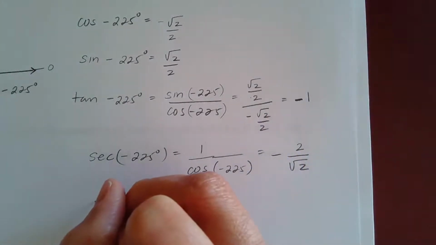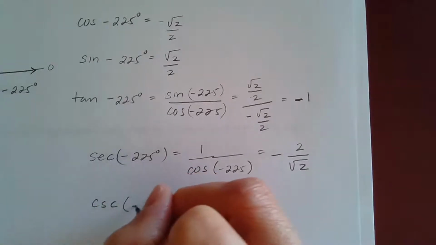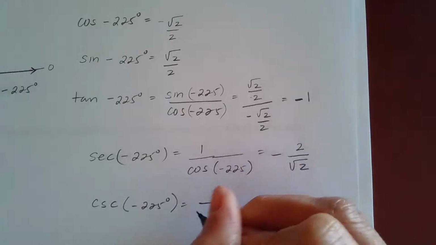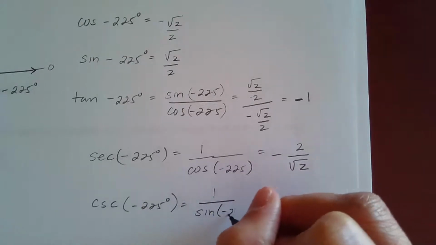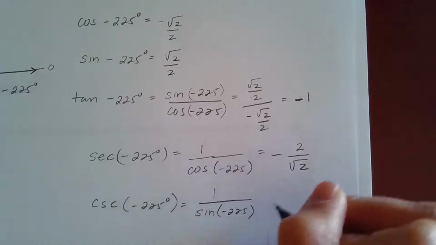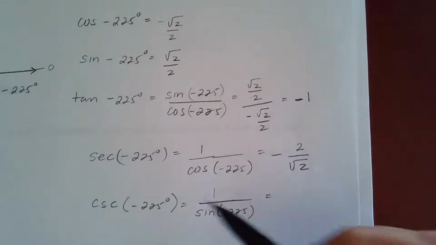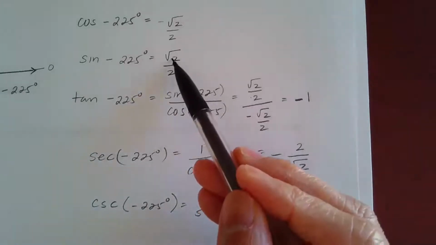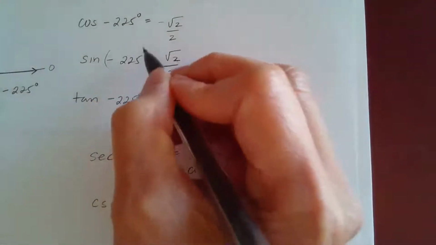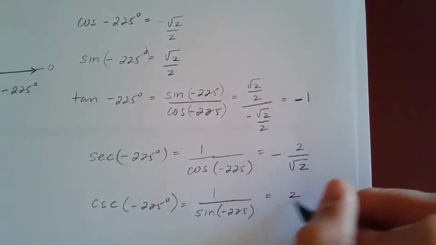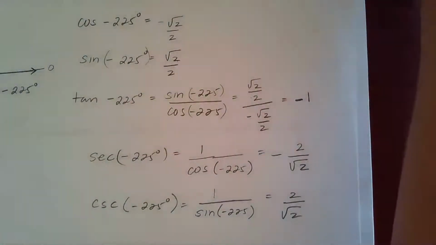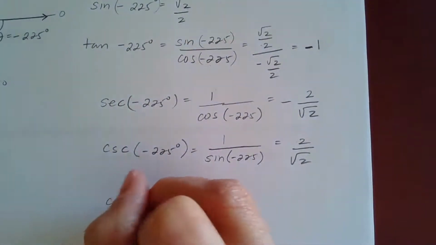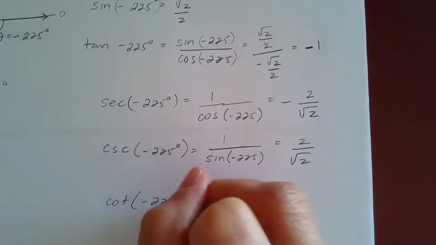And then cosecant of negative 225 degrees is 1 over sine of negative 225 degrees. Like I said, you could just take the reciprocal of sine. It's going to be positive 2 over root 2. And then finally, cotangent of negative 225.